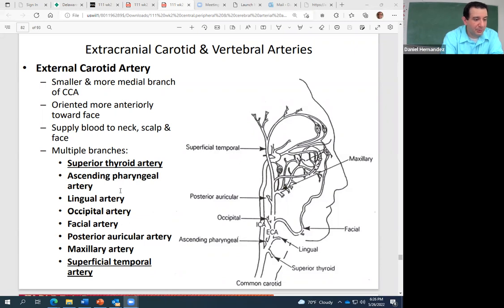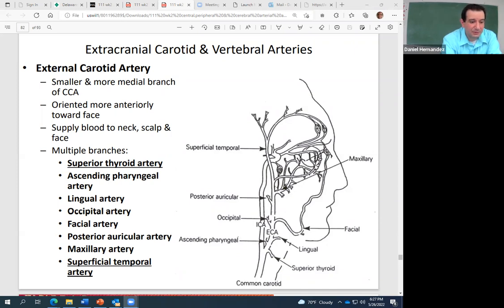Some of the other additional branches for the ECA include the ascending pharyngeal, the lingual artery, going to the tongue, the occipital artery, going towards the back of the head, the occiput, the facial artery, supplying some of the muscles of the face, the posterior auricular artery.